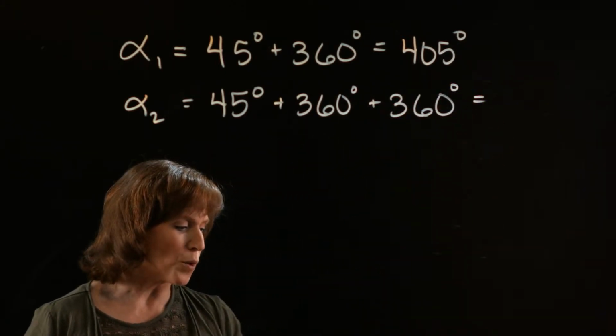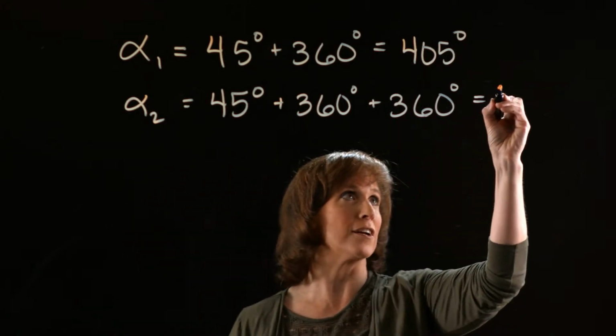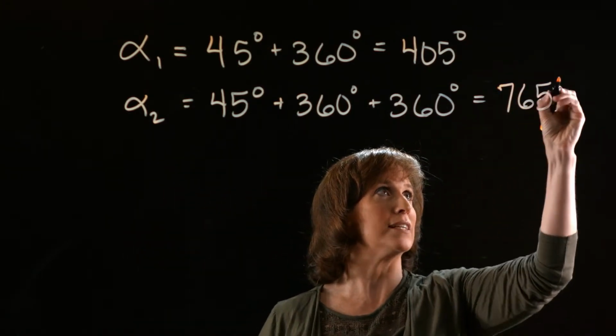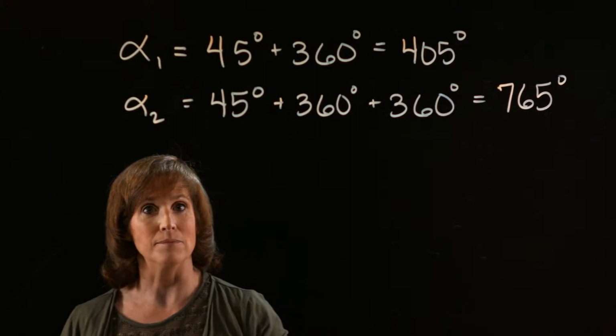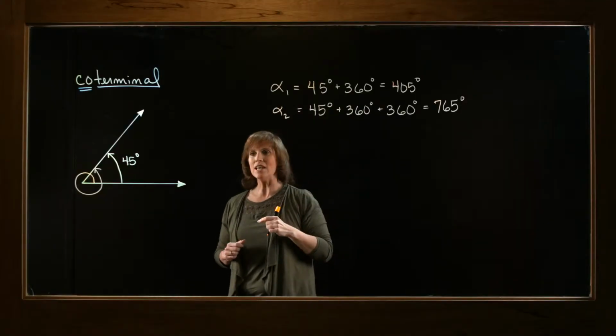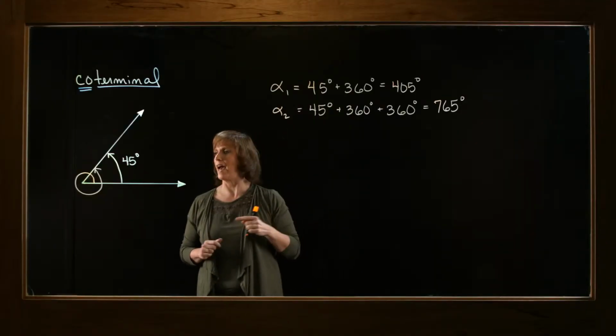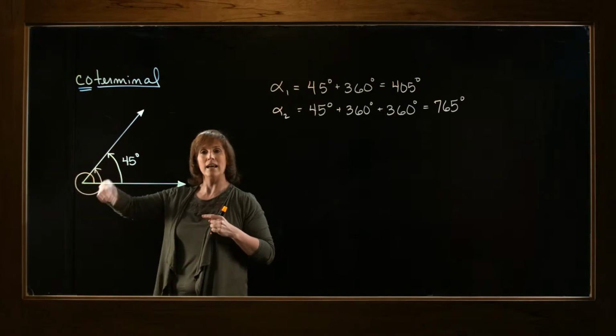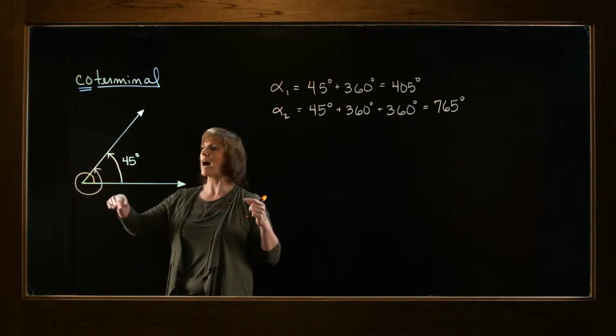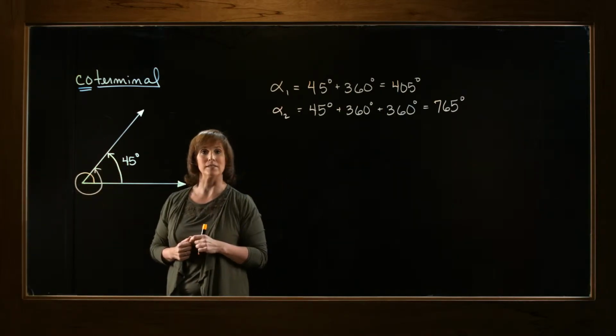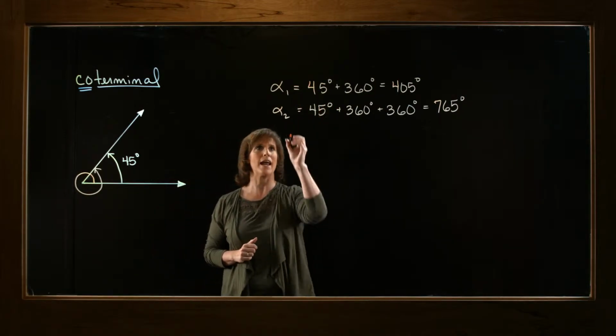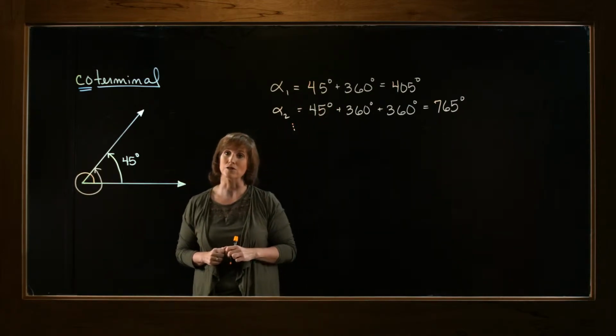If we do that, we're going to end up with 765 degrees as the measure of our angle. And as you can see, you could keep doing this over and over again. You could rotate the whole way around 17 times and then go back to 45 degrees. Okay? So many different answers for the positive version.